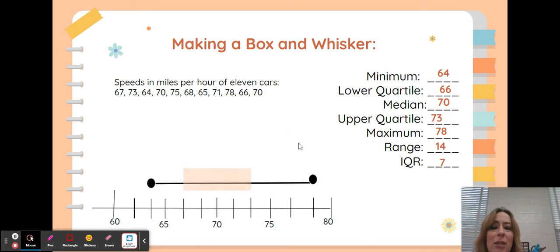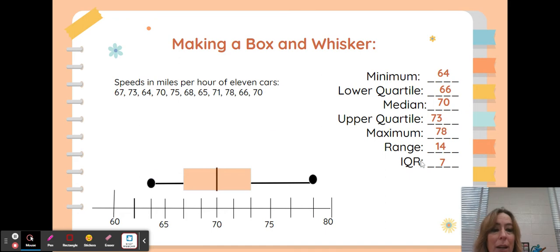Okay. Next, we need to make a box. We need to start the box at 66. See how I did that? And we need to end it at 73. So start at the lower quartile, end it at the upper quartile. Now, the median is the line in the box that is in the middle. Okay. Now we can easily see the range.